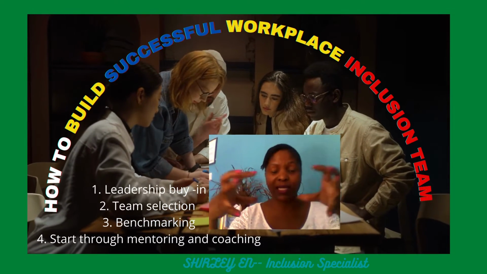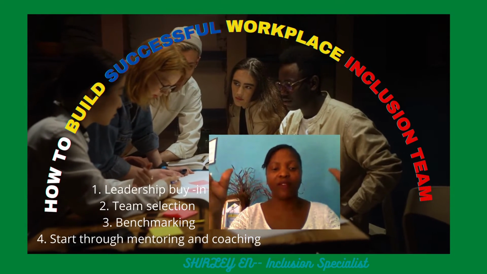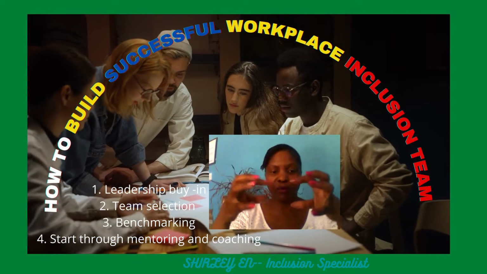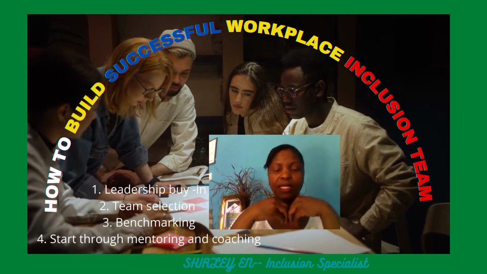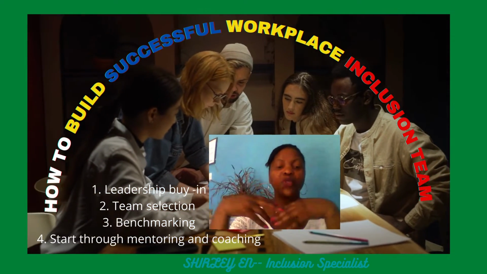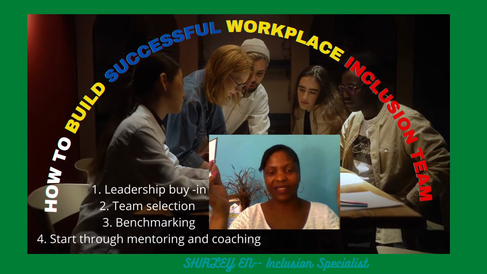So you need those people as part of your team. So in as much as possible, even though you have guidelines, you would also need these people as part of your team.